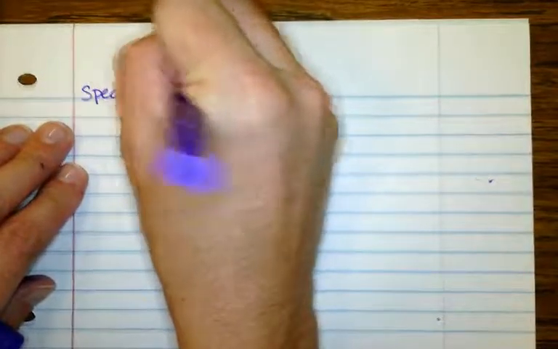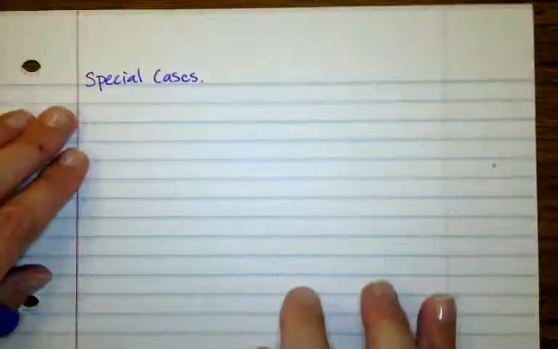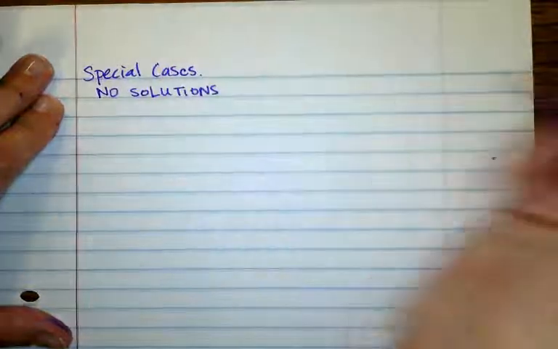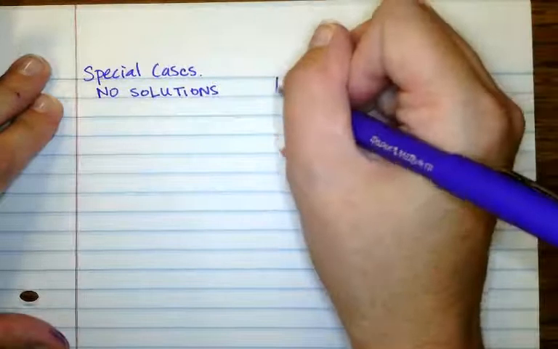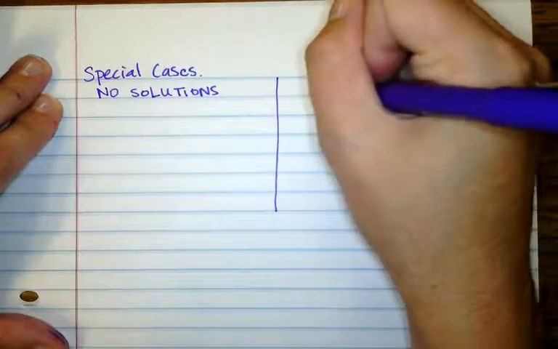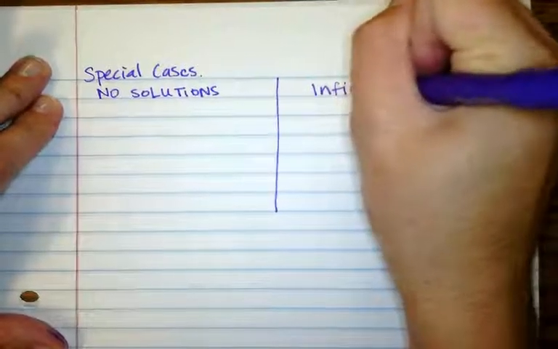There are times where you will solve an equation or an inequality, and you might get no solution or infinite solutions. So there are times where there are no solutions, and I'm going to do it like this, right down the middle, there are also times where there are infinite solutions.